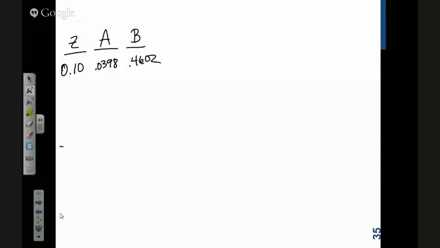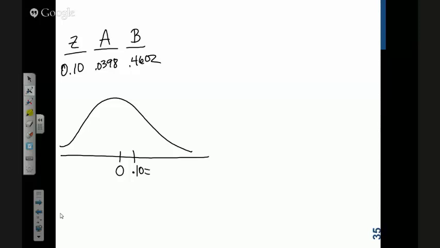So this information tells me that on a normal distribution, and it's standard normal, so the center really is 0, it's standardized, then where Z is 0.10, notice at the top here it says A is the area between 0 and Z. So the area between 0 and Z is 0.0398.